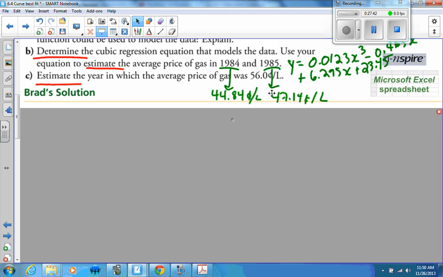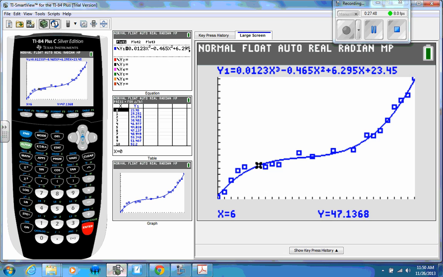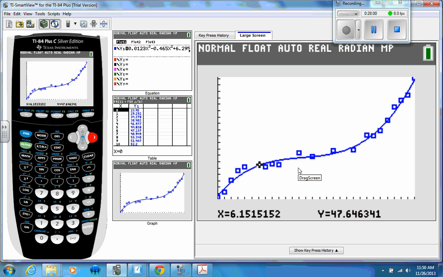Okay, so C says estimate the year in which the average price of gas was 56 cents per liter. I don't want to put this into the equation and solve because it'll take forever. So I'm just going to go back to my graphing calculator, and I'm going to try to move my arrow. If I just go back to graph, and I want to look for 56, I want to use my little cursor, and I want to move my arrows around. So when y roughly gets to 56 cents, why isn't y changing here?